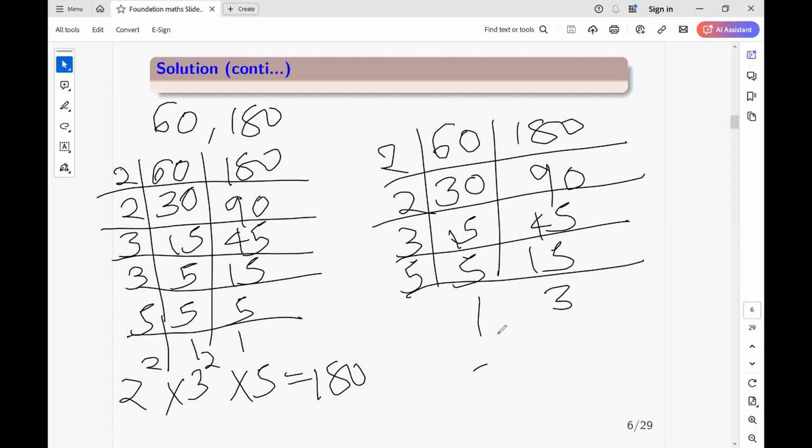So 2 squared times 3 times 5, which gives us 15 times 4, 60. So our GCD is 60. So as before, when you multiply the two numbers, 60 by 180.